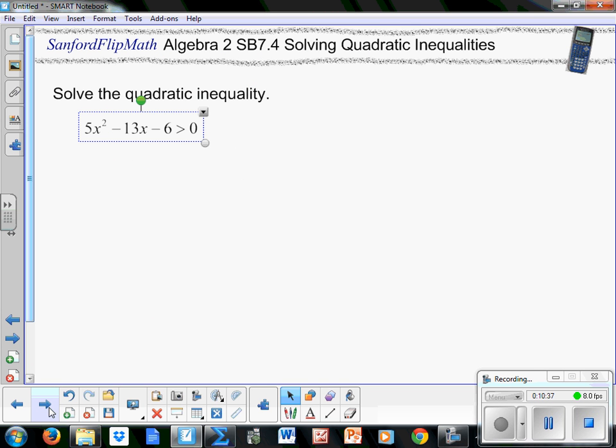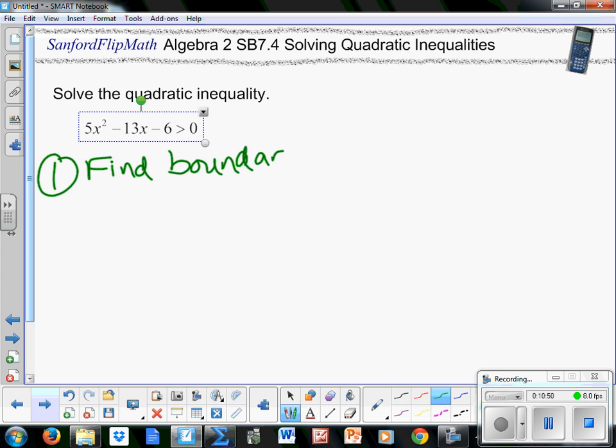All right, so now looking at this next inequality. The first thing that we need to do, again, is to find boundaries. We're trying to find out what values make this inequality true, but in order to do that, we have to figure out where those values start and stop.